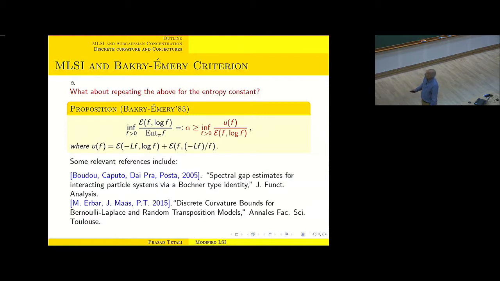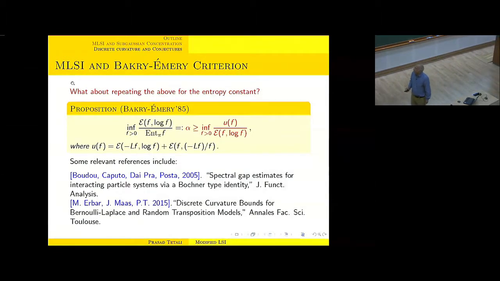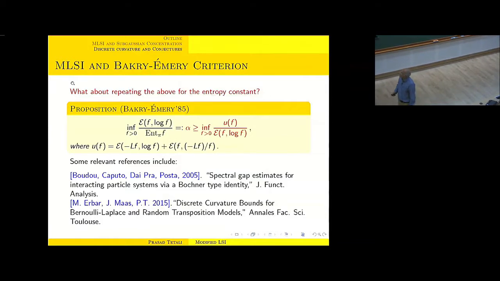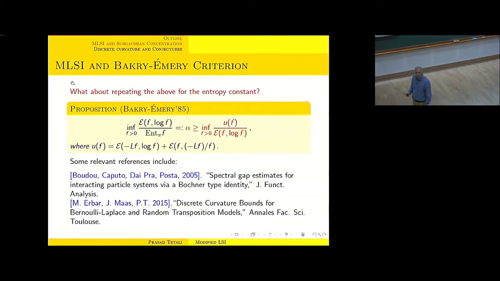But by local, what I mean is there are now papers on this discrete curvature, and also in the continuous case, they correspond to the so-called Ricci curvature, which demands something stronger, and the something stronger is that you control these two not on average, but pointwise, without averaging over pi.